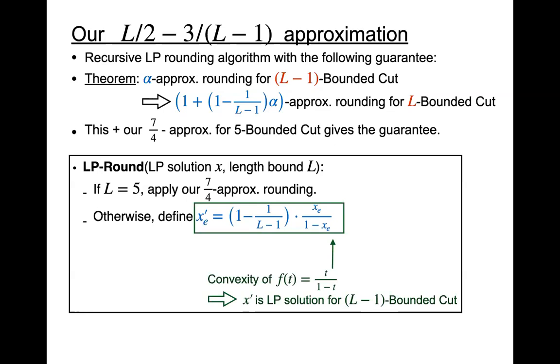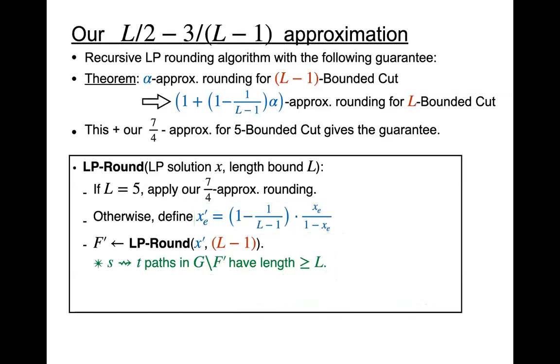So we take advantage of that and we recursively apply our rounding for L-1 bounded cut with these new LP values. And then we get some cut f prime, which cuts paths of length at most L-1, meaning if we remove f prime, then the distance from S to T is at least L, and we only need to cut shortest paths.